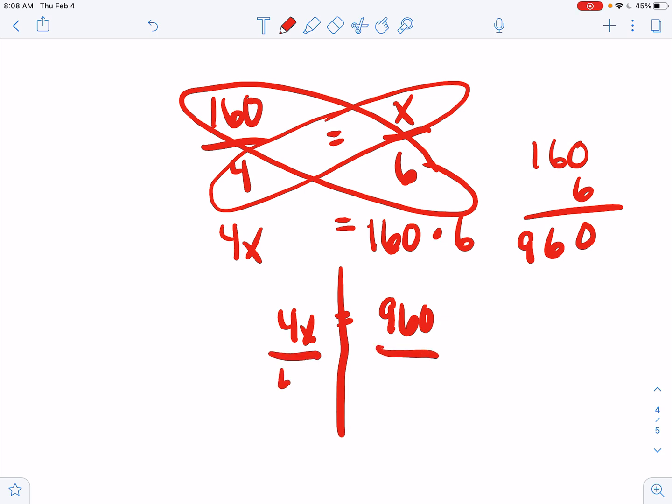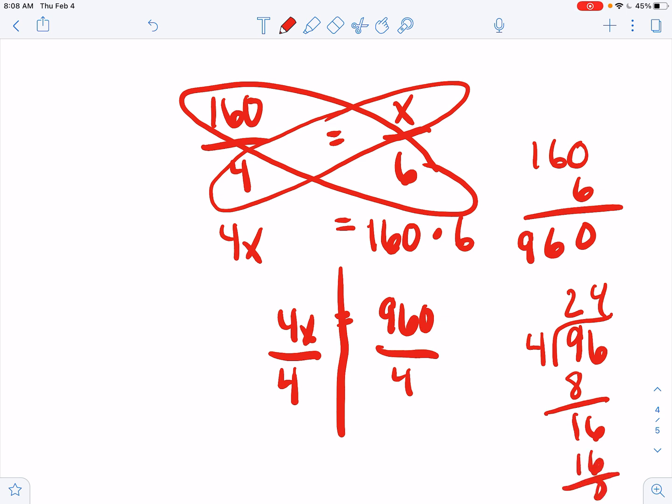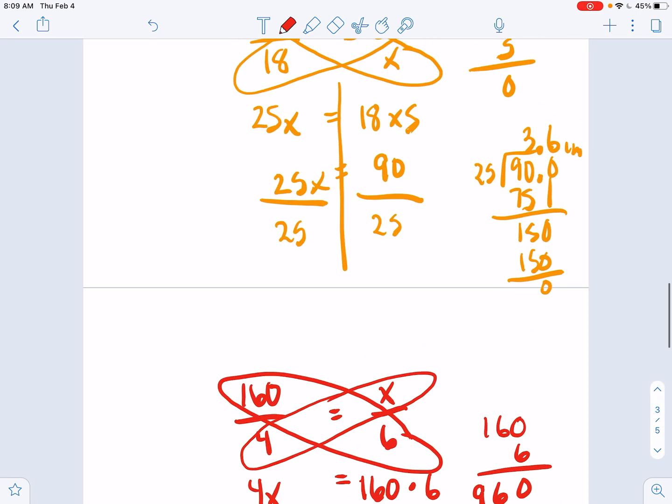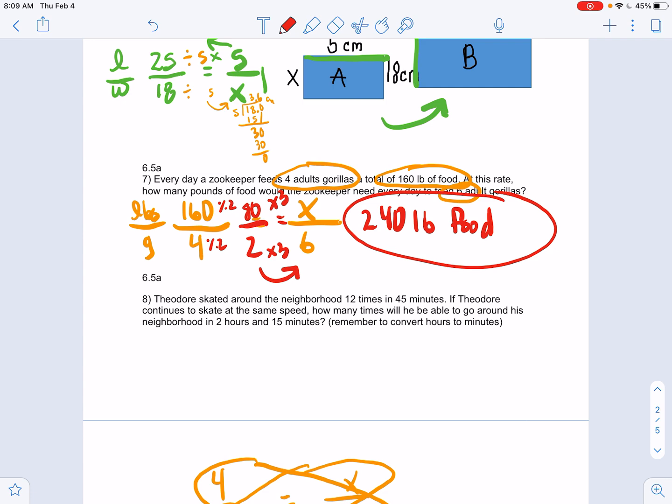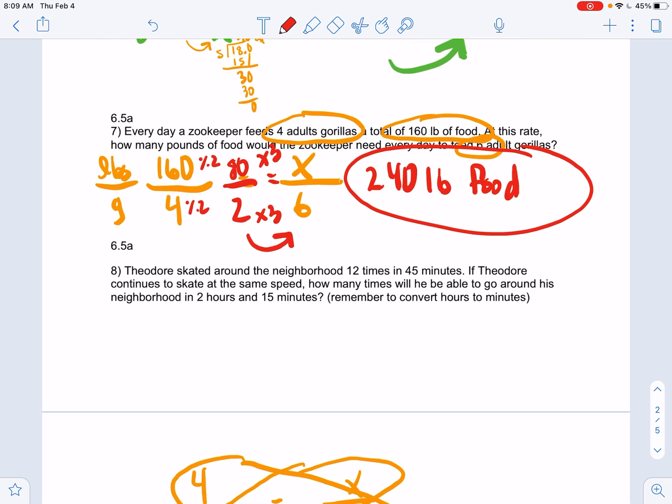And then you're going to divide both sides by 4. x is 240. If y'all can start being comfortable with simplifying your ratios and coming up with equivalent fractions, it's much easier.